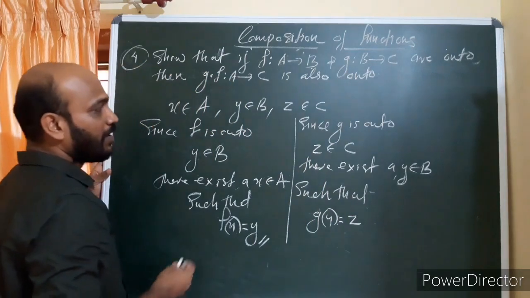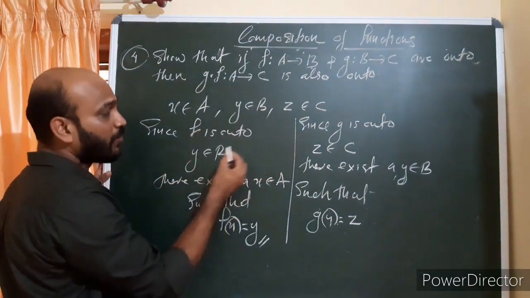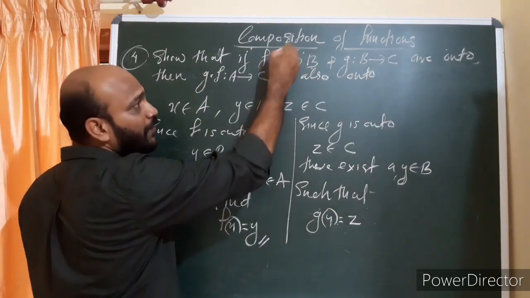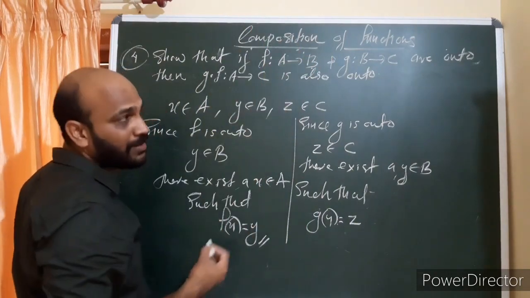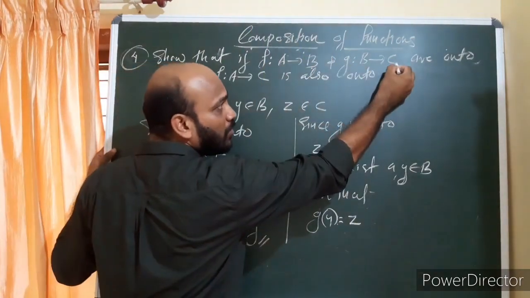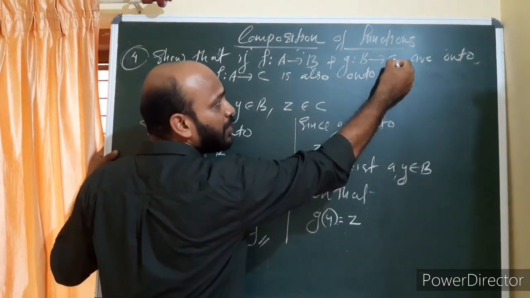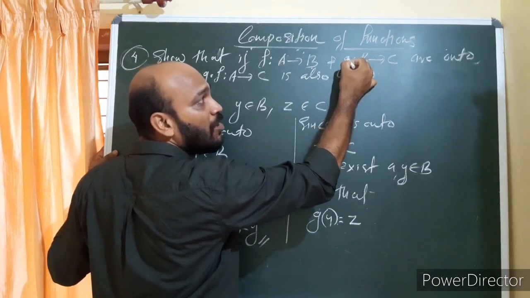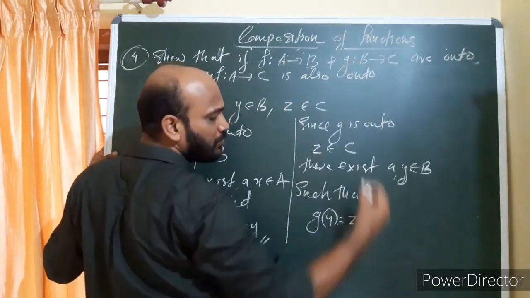To recap: f from A to B is onto, so for any y belonging to B, there exists one x belonging to A such that f of x equal to y. Since g from B to C is onto, for any z belonging to C, there exists a y belonging to B such that g of y equal to z.